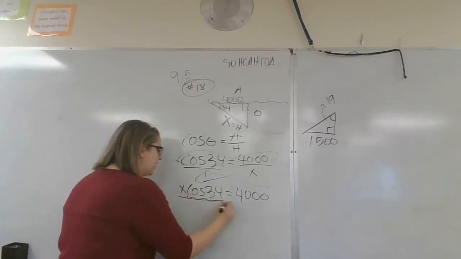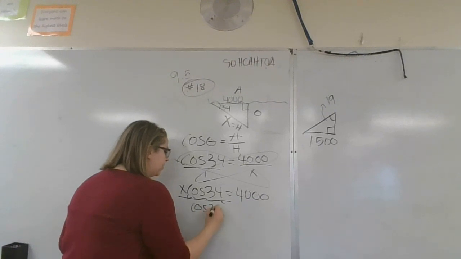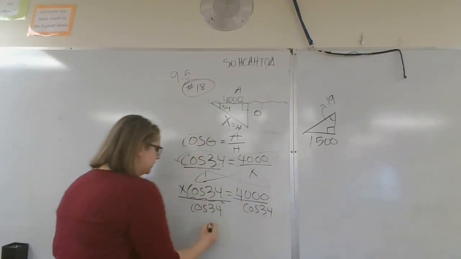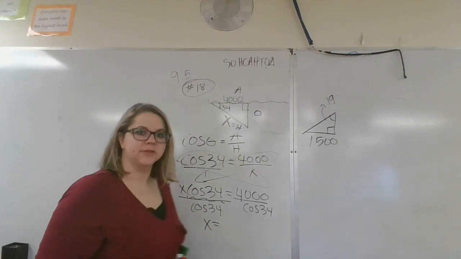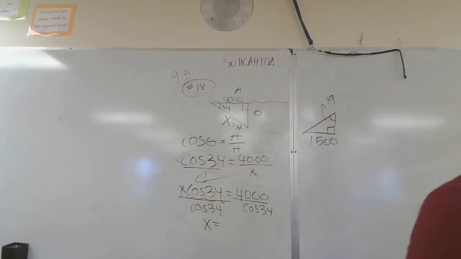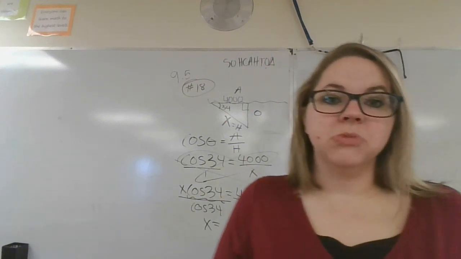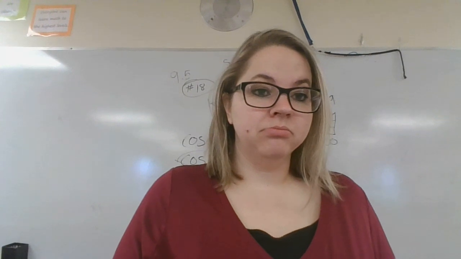So I'm going to divide this by cosine of 34 on each side. So then I get X equals 4,000 divided by cosine of 34. That's not right. I didn't do that right.